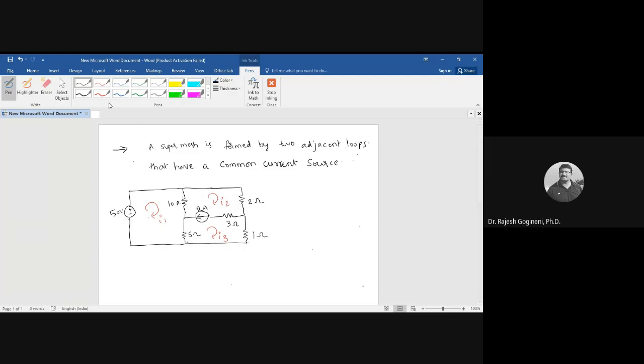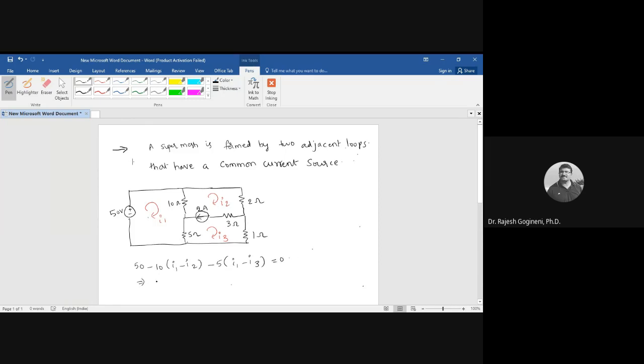For the first loop, write the KVL: 50 minus 10 into (I1 minus I2) minus 5 into (I1 minus I3) is equal to 0.